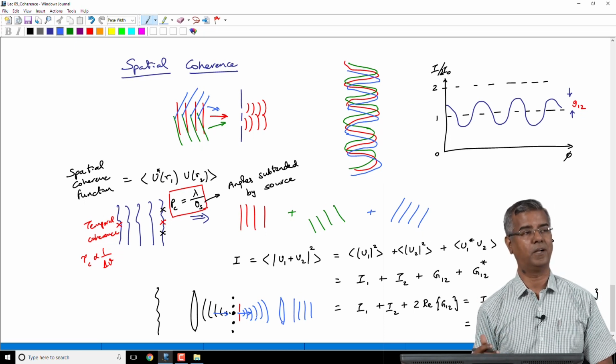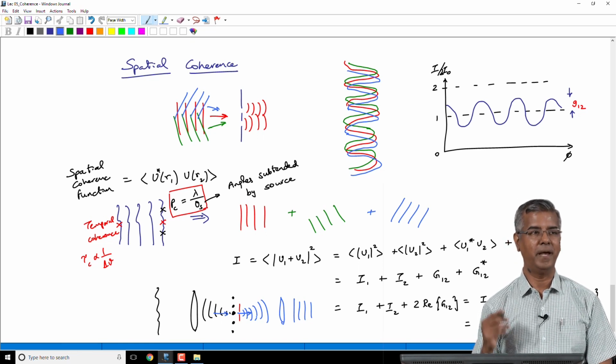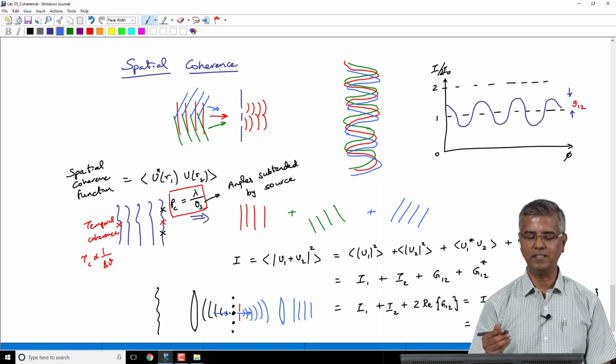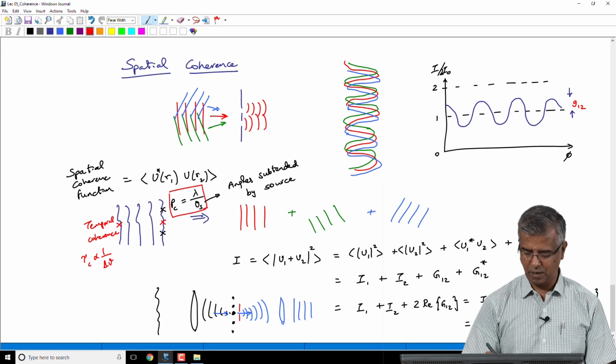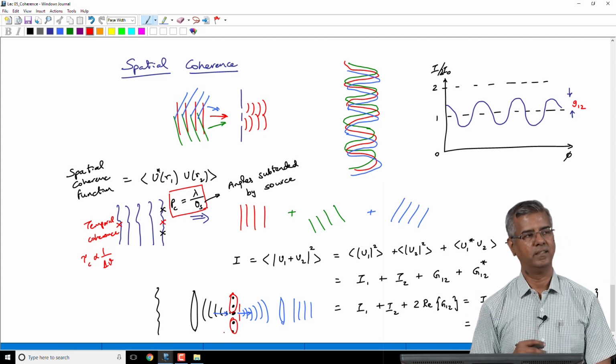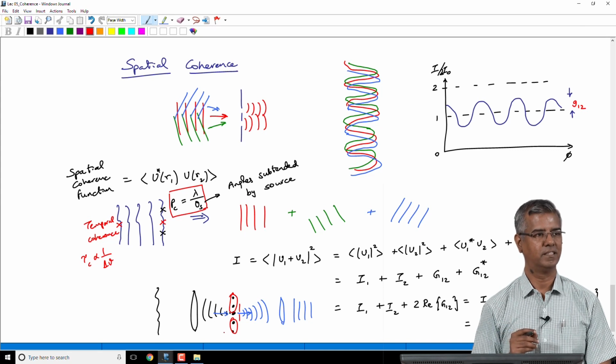What do I lose in the process? I made the source spatially coherent, but what do I lose in the process? Intensity. All the power that's present in these other wave vectors, I am losing those, right.